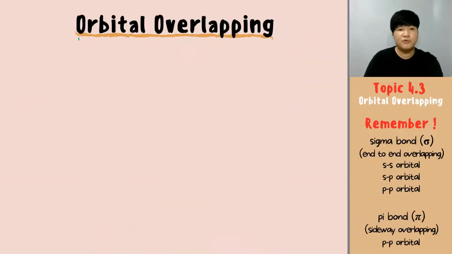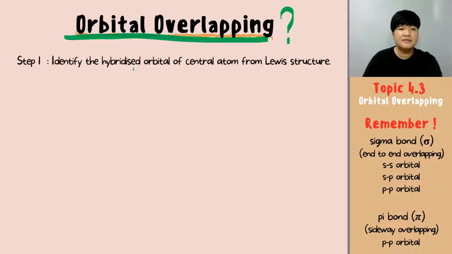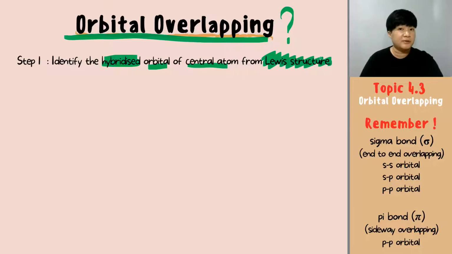So the most important question of this video will be: how can I draw the orbital overlapping? What are the steps in drawing orbital overlapping? Step 1 is definitely to identify the hybridized orbital. You must know the type of hybridization of your central atom from your correct Lewis structure. Remember just now? Correct Lewis structure, electron domain, hybridized orbital, and also the geometry.